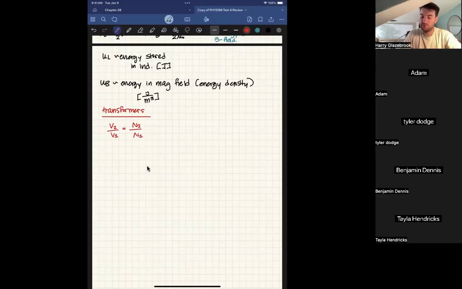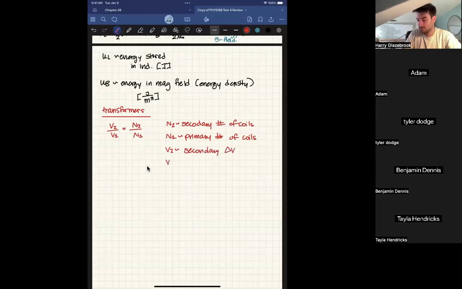And the ratio of V2 over V1 equals the ratio of N2 over N1, where N2 is the secondary number of coils, N1 is the primary number of coils. V2 is secondary potential difference, V1 is primary potential difference. This is pretty much the only equation you need for transformers. That's why I didn't go on a whole spiel about it, because you pretty much just use that.